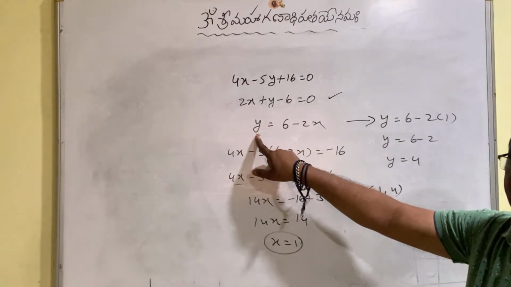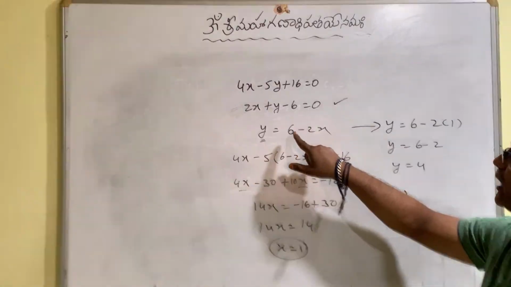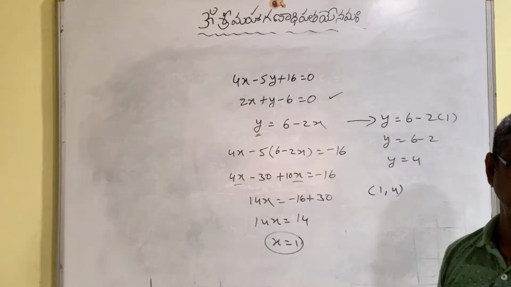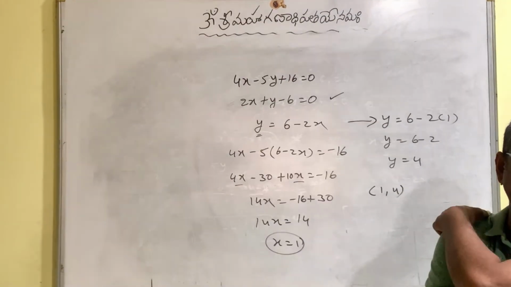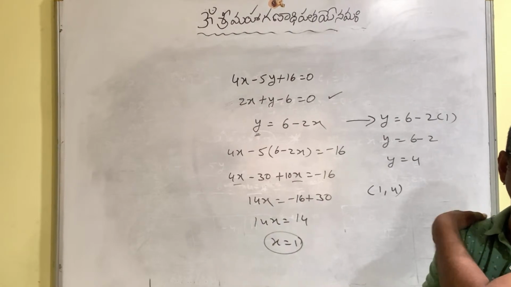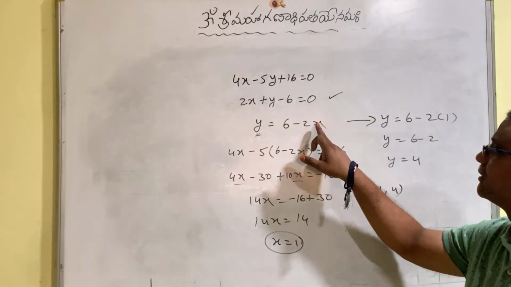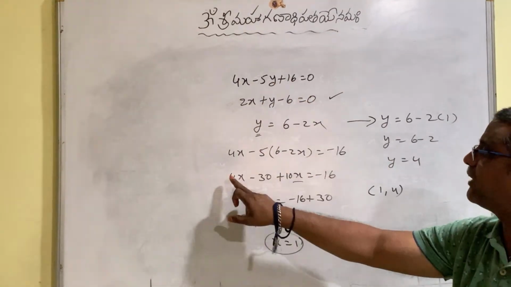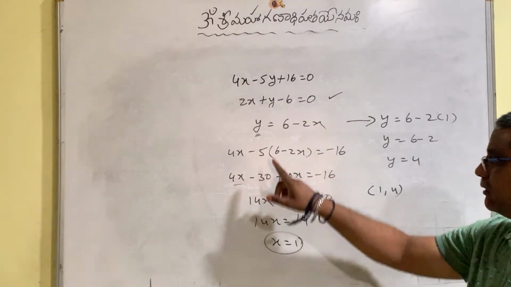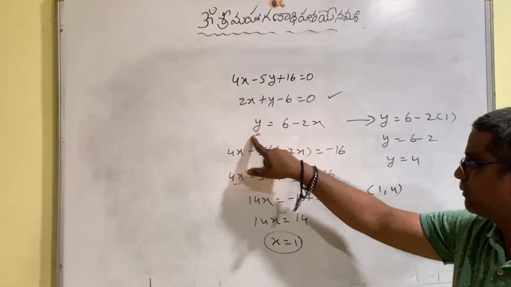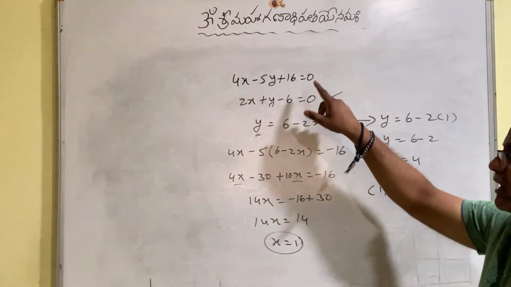So y is expressed in terms of x: y is equal to 6 minus 2x. So this 6 minus 2x will be replaced in the first equation. This y value will be replaced in the first equation.